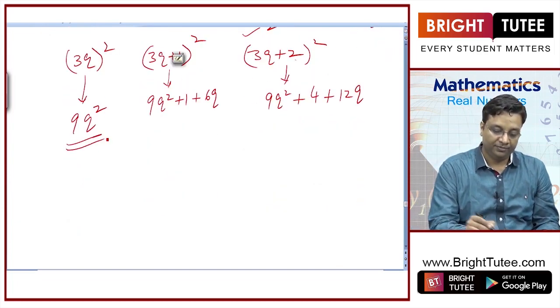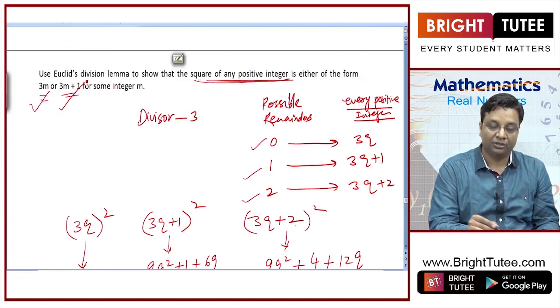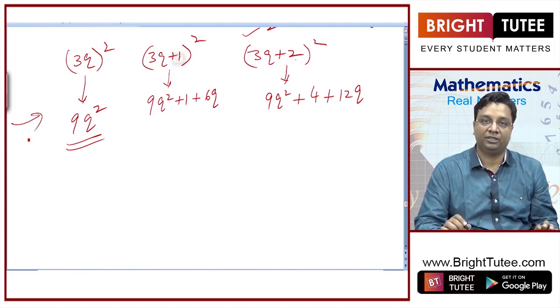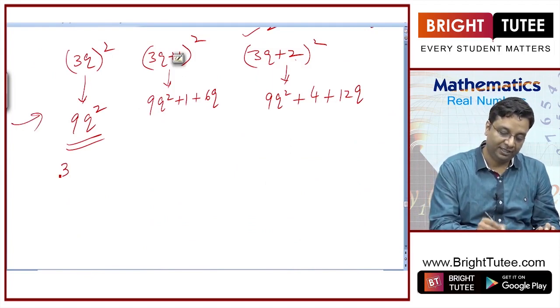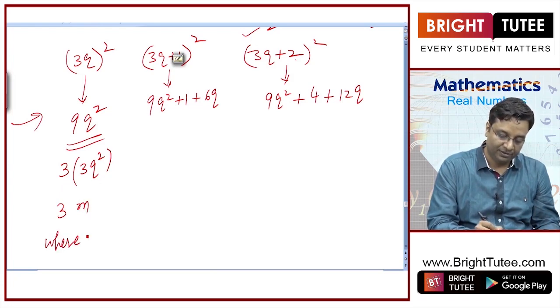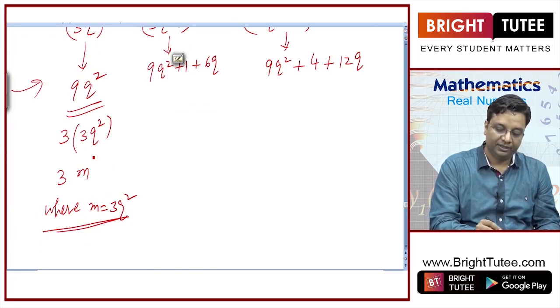Now look at this number. We need to show that these squares are of the form 3m or 3m plus 1. So if I take 3 common from this number, I will be left with 3q square inside. So this number is of the form 3m, where m is equal to 3q square, right.